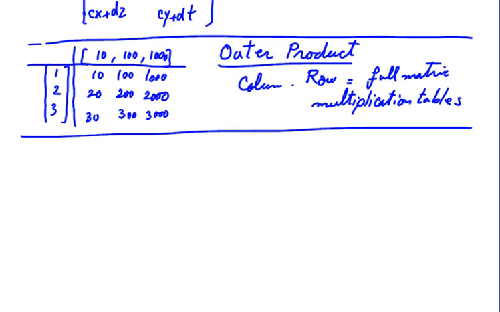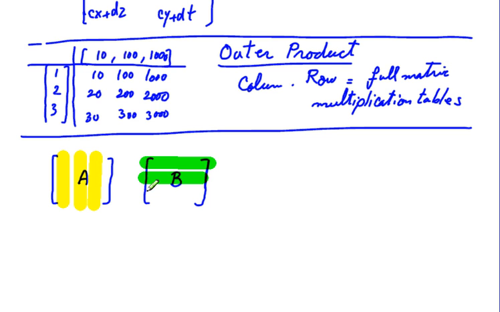What we have in mind is that we take our matrix A and matrix B. We want to know what we can extract out of this if I break this into columns and break the other one into rows and multiply the columns with the rows, just like I would have multiplied these multiplication tables.